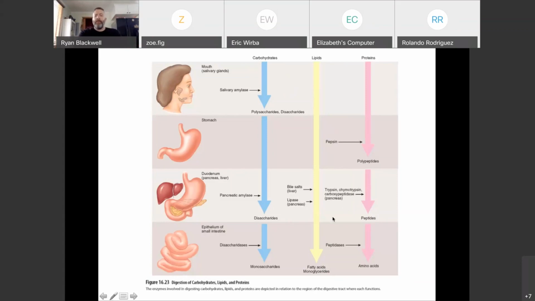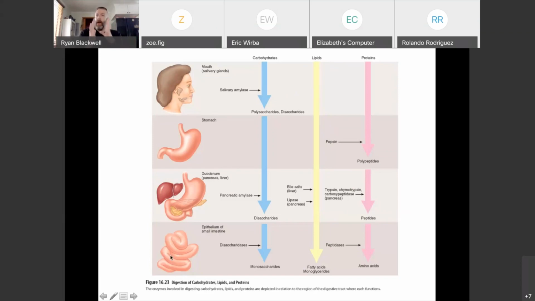Lastly, and this is described more in an upcoming slide, there's another class of digestive enzymes that are found within the epithelial lining of the small intestine.